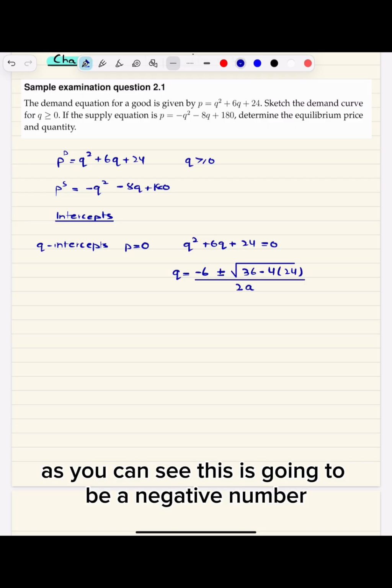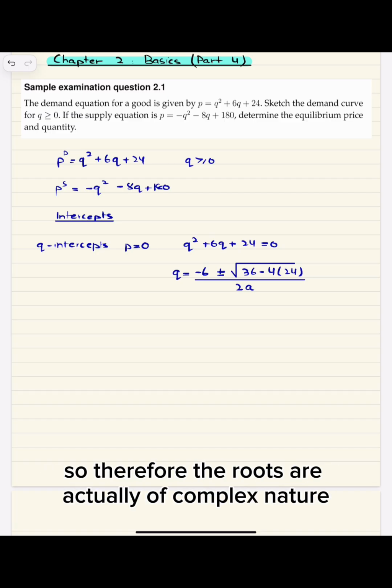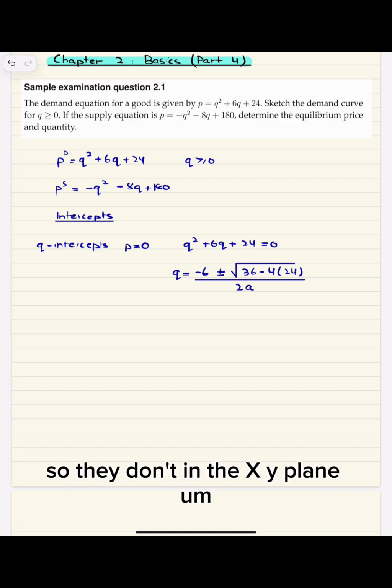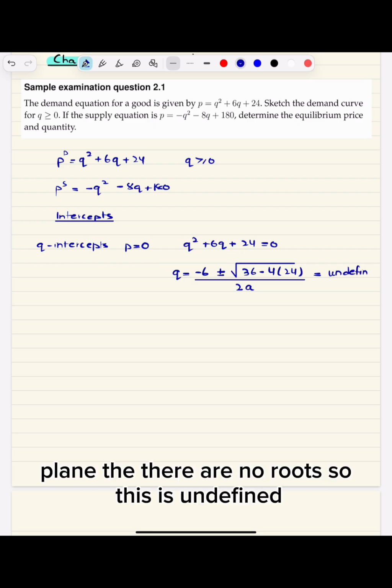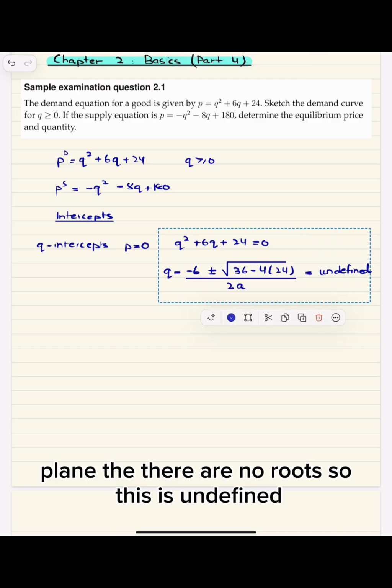As you can see, this is going to be a negative number, so the roots are of complex nature. They don't exist in the xy plane, as in not the complex plane, so there are no roots. This is undefined.